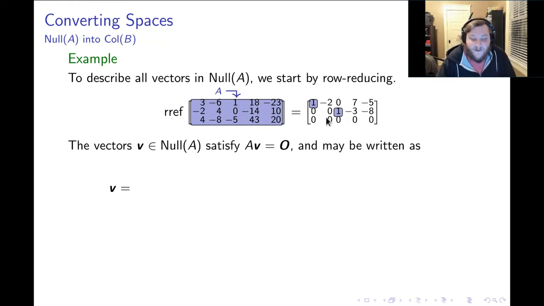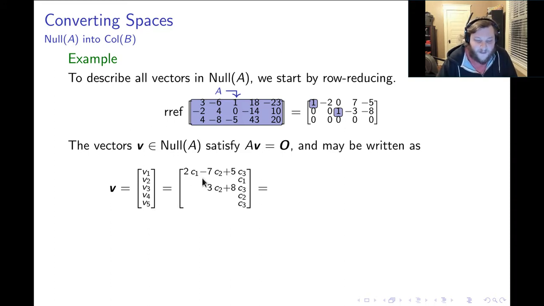Here, the dependent variables will be the first and third variables, and the free variables will be the second, fourth, and fifth variables. So I know that all vectors V in the null space have 5 variables, but the second, fourth, and fifth variables can be written independently as free variables, and then I can use the reduced row echelon form to write the dependent in terms of the free.